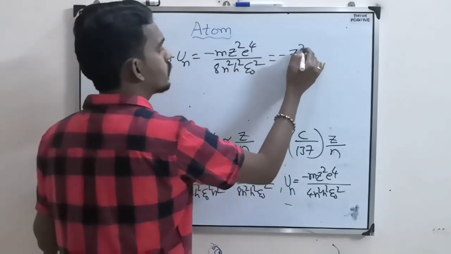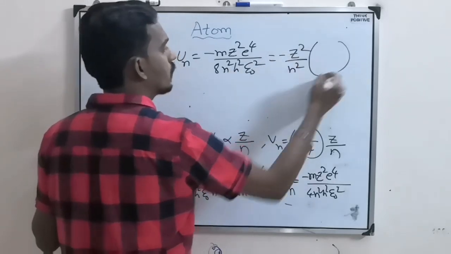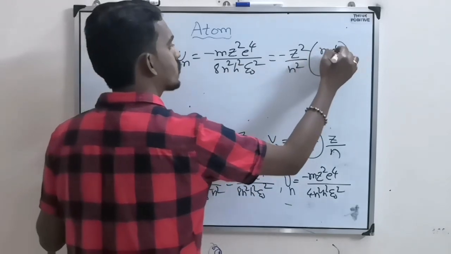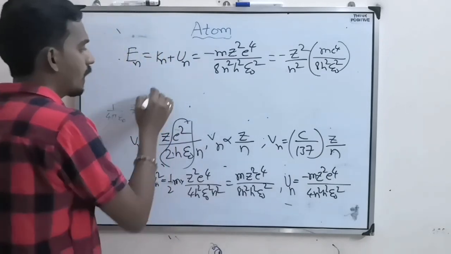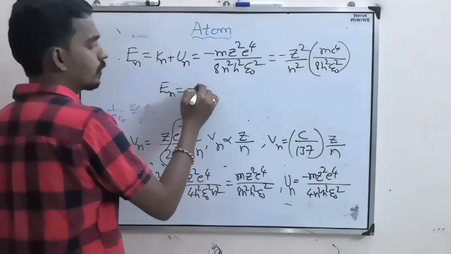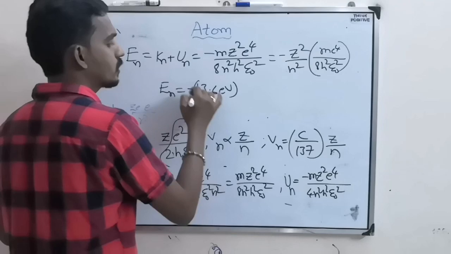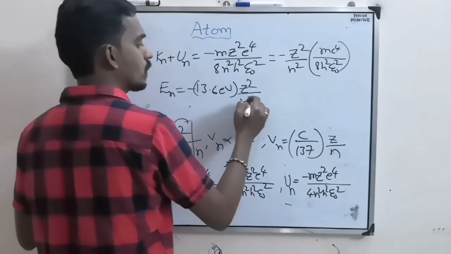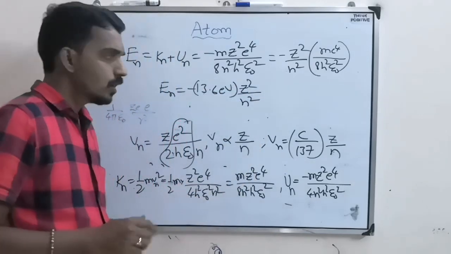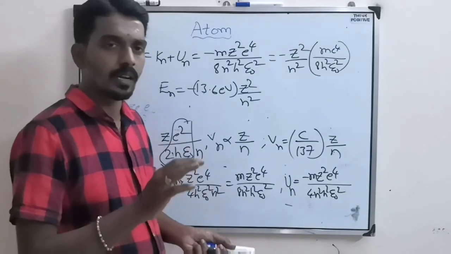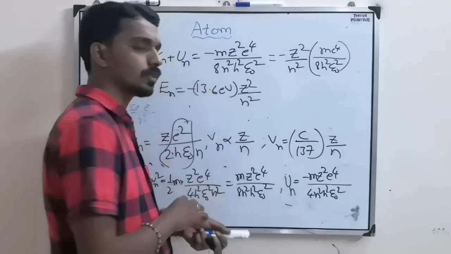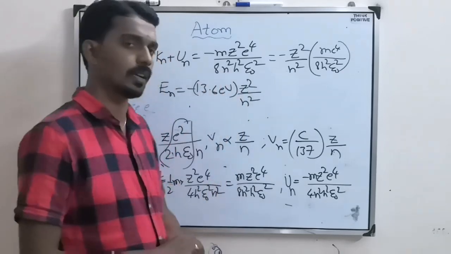Taking minus z square by n square, remaining everything is constant. If you calculate that value, it will come to 13.6 electron volt into z square by n square. So you can find the energy of any orbit electron of any atom. You just have to substitute the z value and n value.